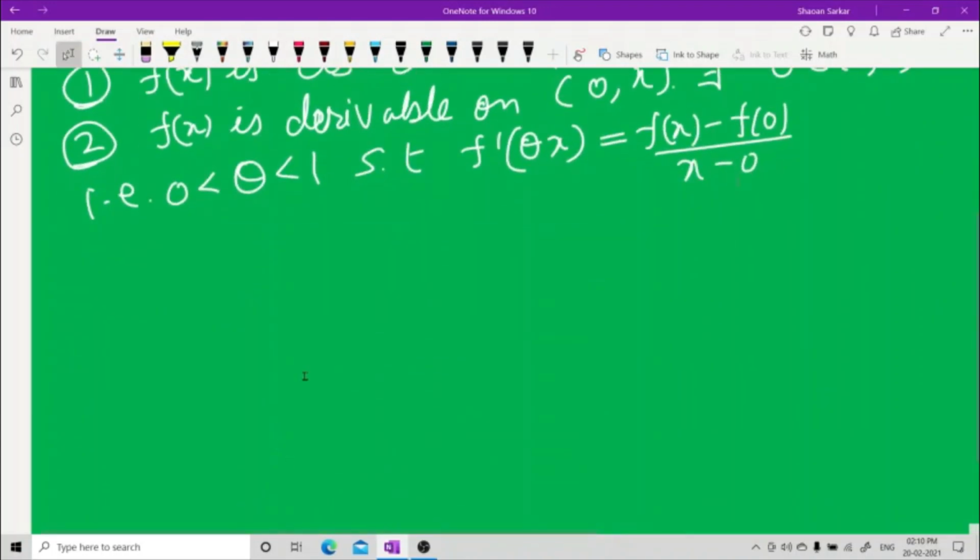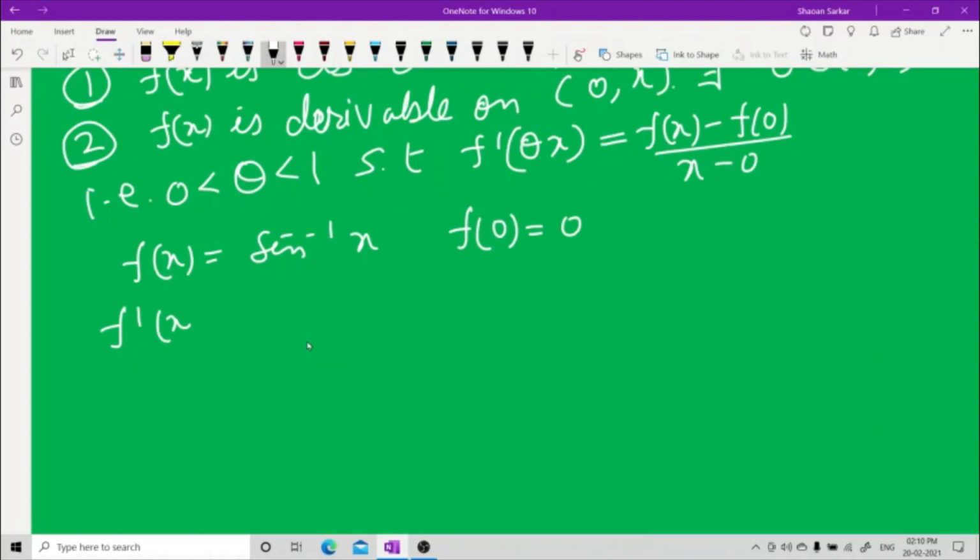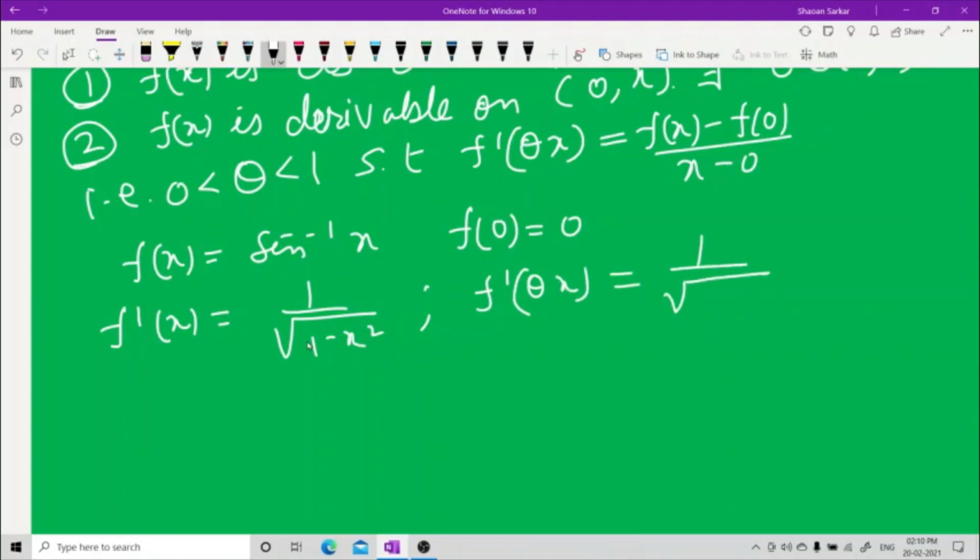Now you have f(x) as sine inverse x. f(0) is 0. f dash (x) is 1 upon under root 1 minus x square. So f dash (theta x) is 1 upon under root 1 minus theta square x square.